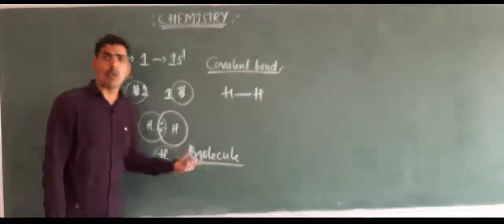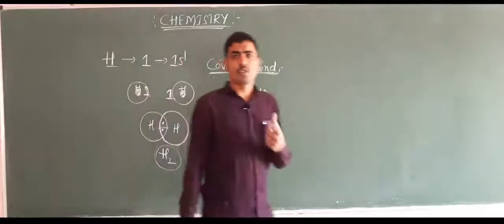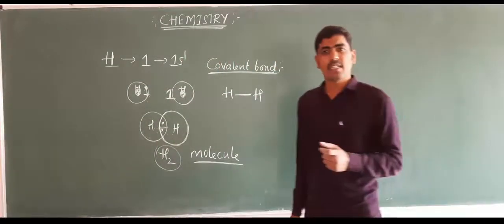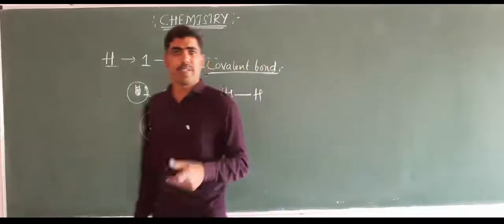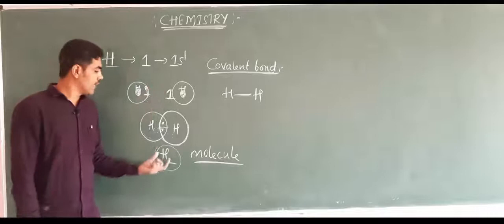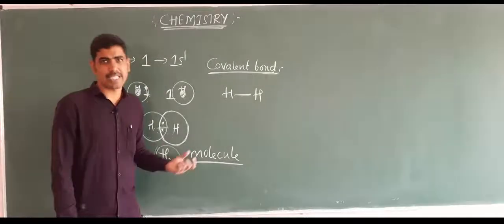Molecule means it is just the combination of two or more than two atoms which are present in stable form in nature. Nature ಒಳಗೆ ನಮಗೆ atoms ಸಿಗುವುದಿಲ್ಲ, ಏನ್ ಸಿಗ್ತಾವ್ರಿ, molecules ಸಿಗ್ತಾವ.